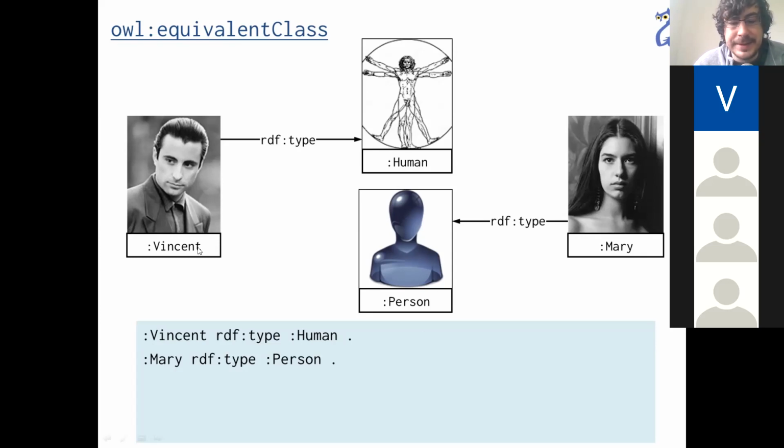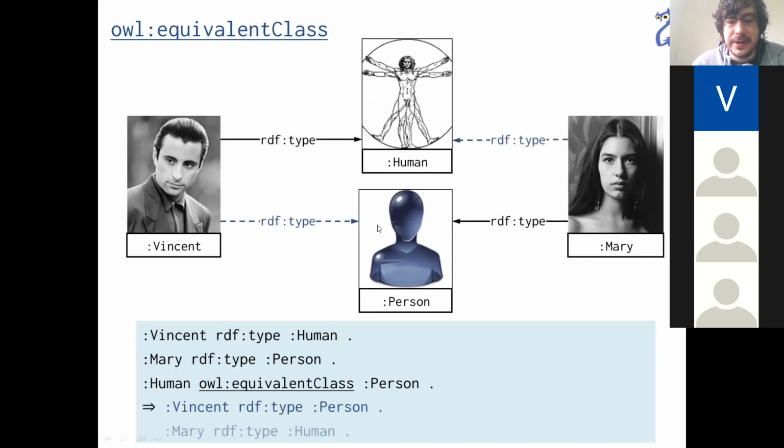So if we have Vincent is of type human and Mary is of type person, and we say human is equivalent class person, then we can infer that Vincent is of type person and Mary is of type human. This is the same as saying human subclass of person, person subclass of human. It's like having subclass in both directions. It makes the two classes equivalent. So this is like an abbreviation for that.